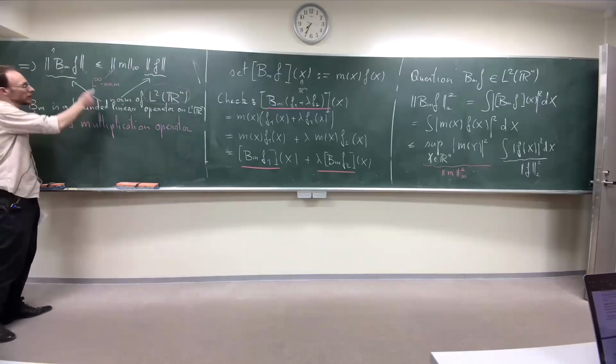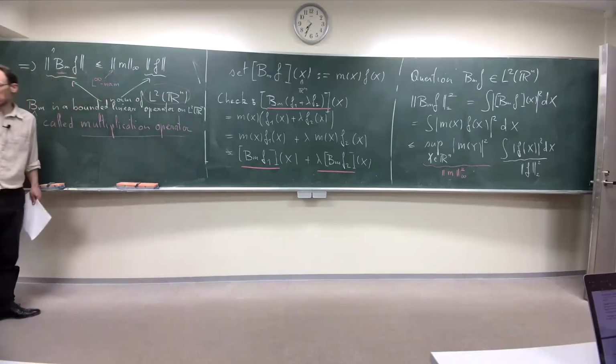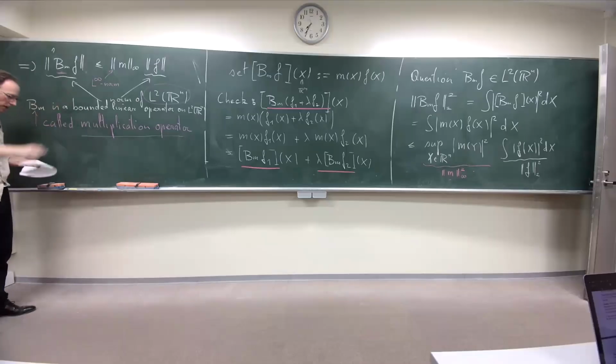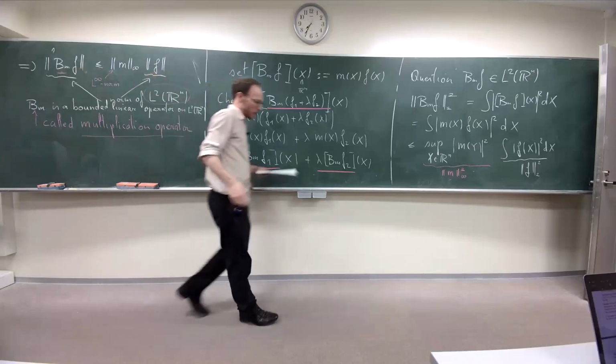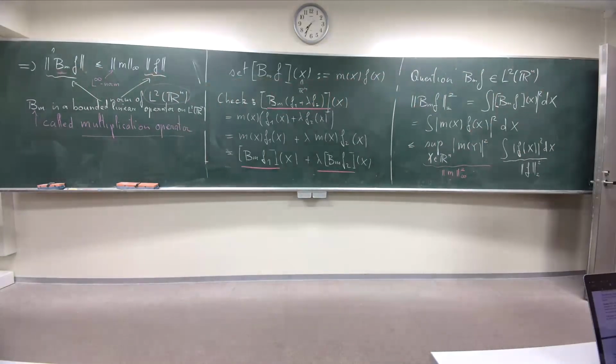And this B_M doesn't look like a matrix, right? But still, we have shown that it's a bounded multiplication operator. Any questions? This is probably the first time you see this kind of operator. So please, it will come back. Be careful about this.